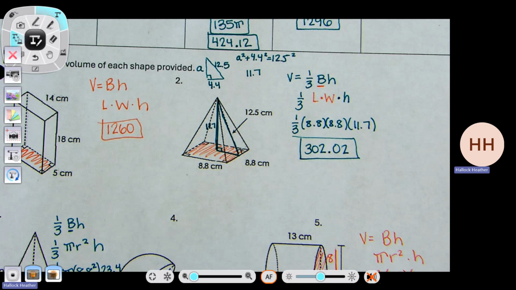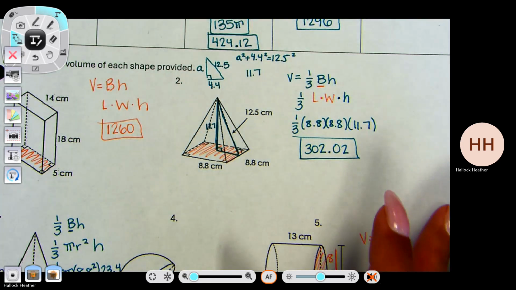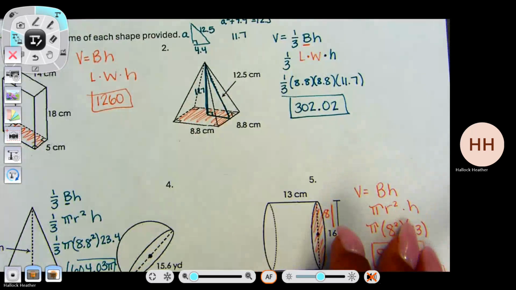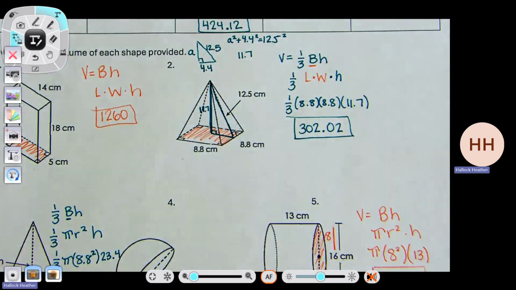Okay. The last shape that we have to do is a sphere. A sphere is on here.